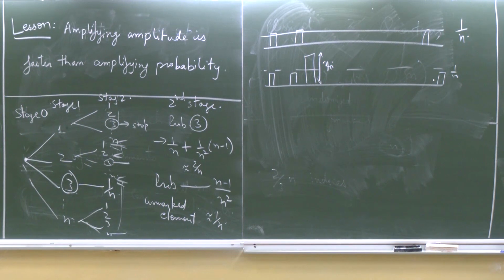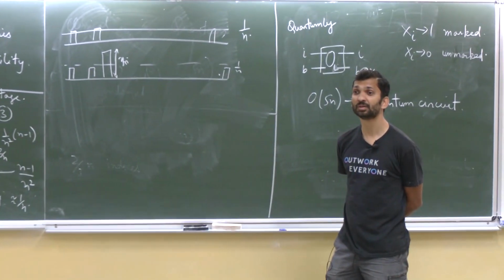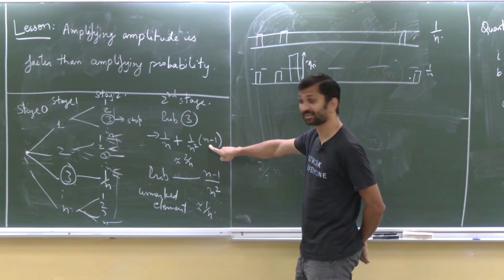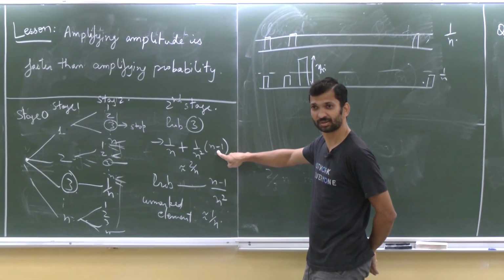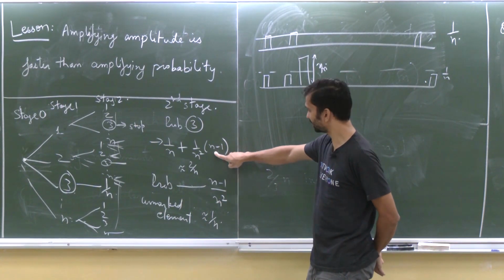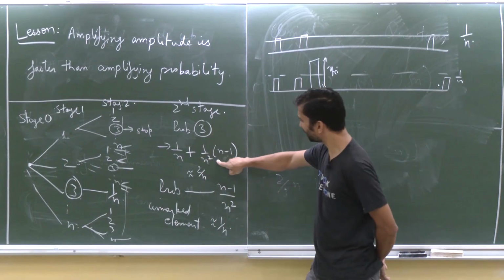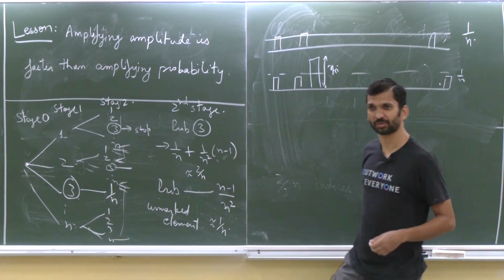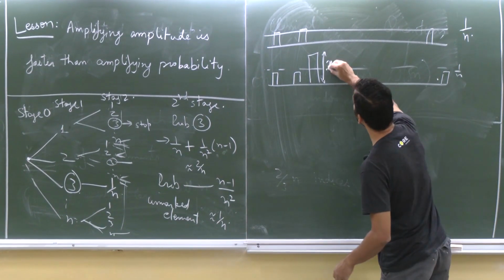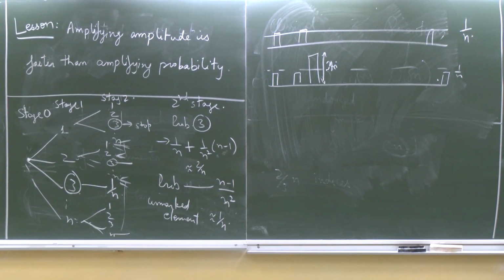If this was n instead of n minus 1, it would be 2 by n. This is your exact probability: 1 by n plus something slightly smaller than 1. So I will say approximately 2 by n.